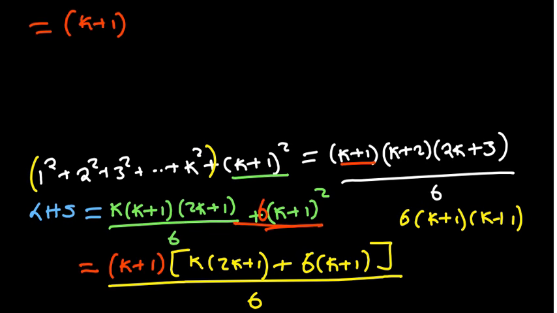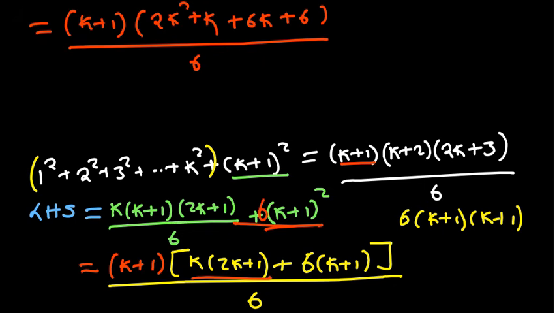I'll distribute the k there. If you multiply the k with what is inside, you have 2k squared plus k. And then if I multiply the 6 with the other part, we have 6k plus 6 over 6.